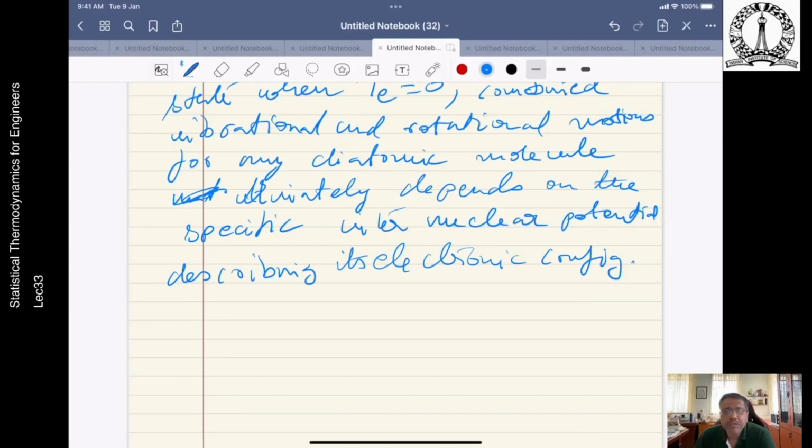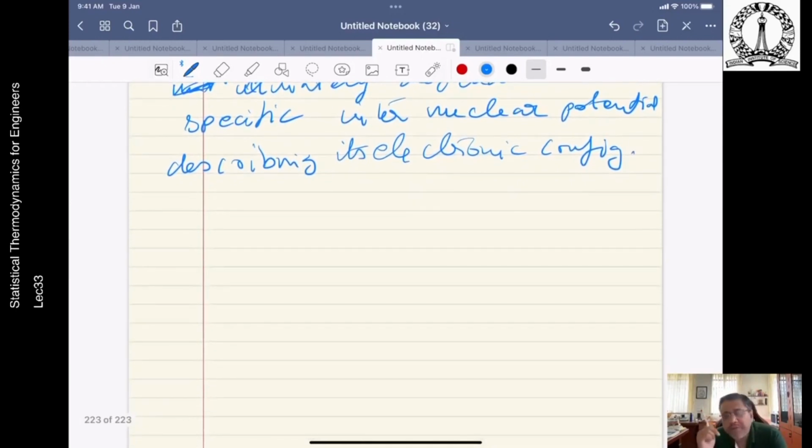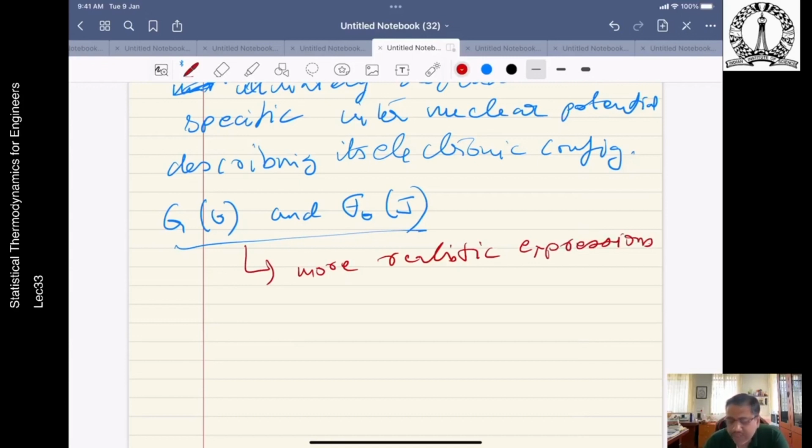So even though the ground electronic energy is equal to 0, we have to devise more realistic expressions for GV and FVJ. We need more realistic expressions.